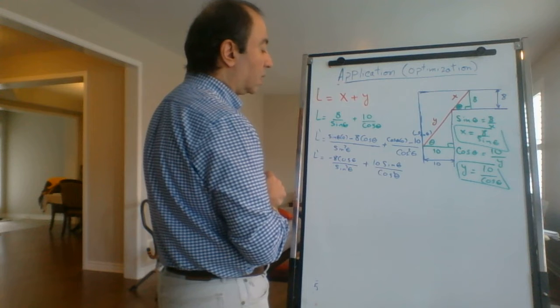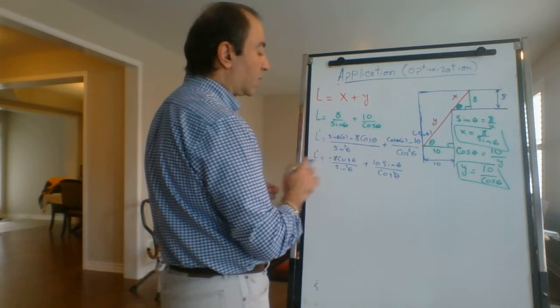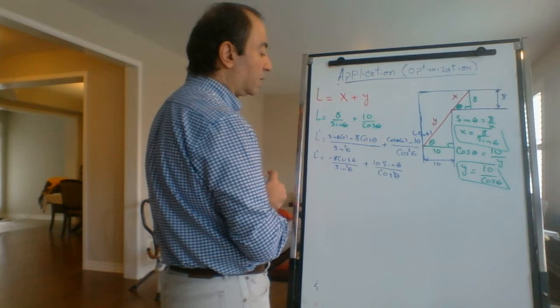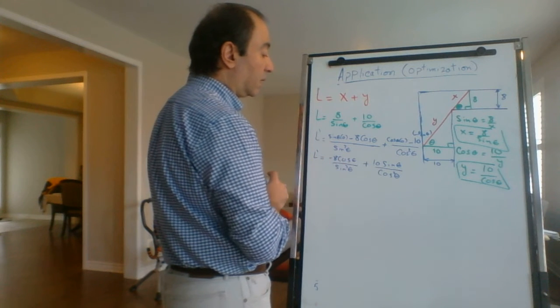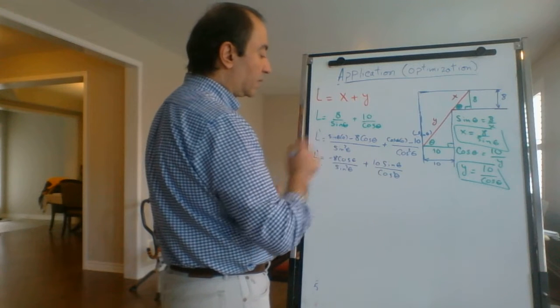Okay, I can start to isolate the numbers on one side and the trig ratios, the sine and cosine, on the other side.